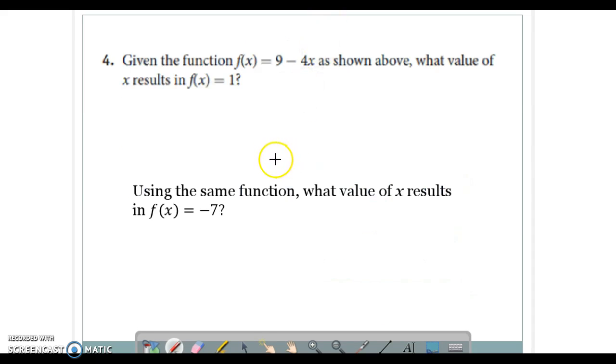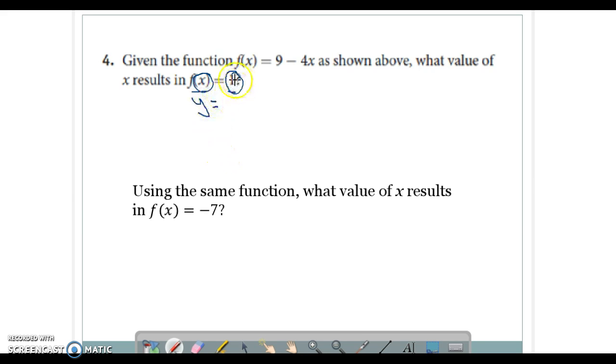Given the function 9 minus 4x, what value of x results in f of x equals 1? Well, you can see here they're not asking me to plug in 1 for x. They're asking me what value of x would give me a value of 1. Remember, we said f of x is another way of saying y equals.